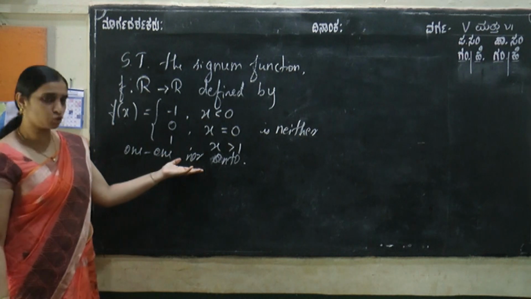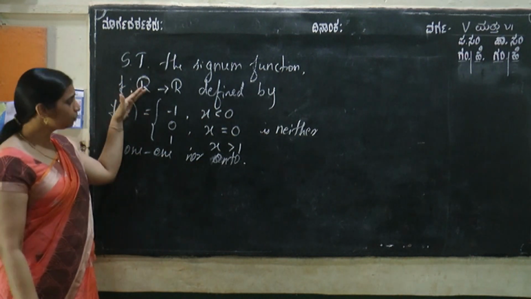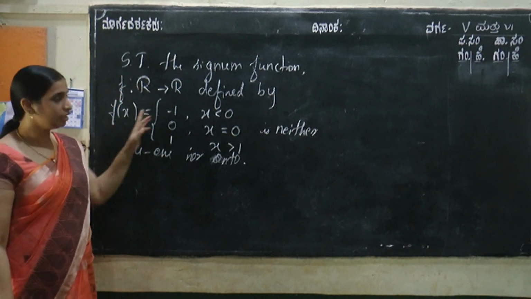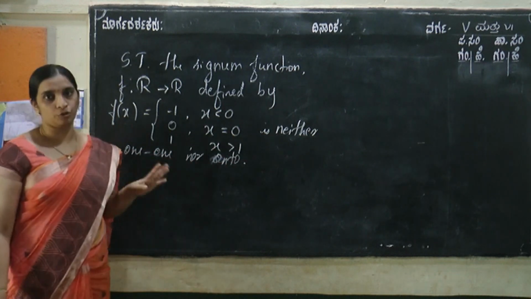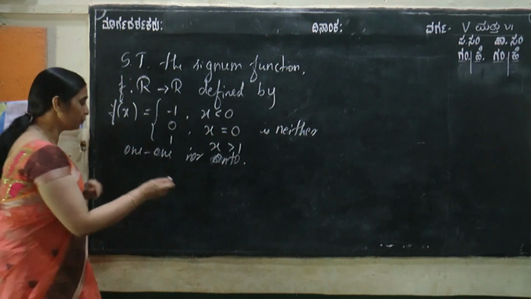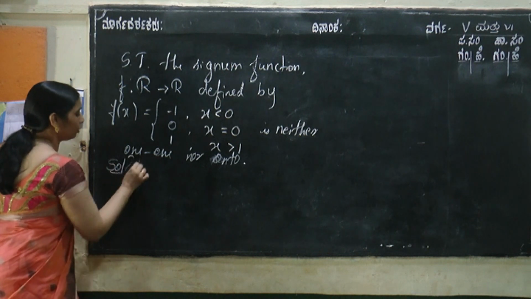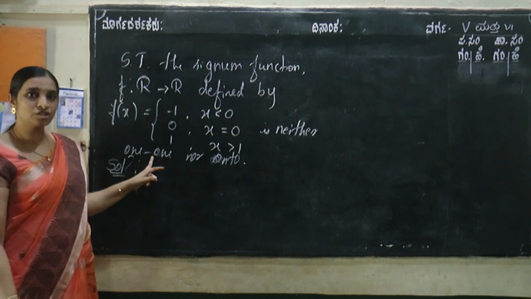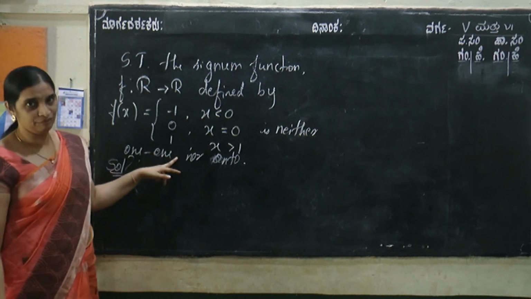This question was already given in the exam. We have to prove the signum function is neither one-one nor onto. So how to prove this?